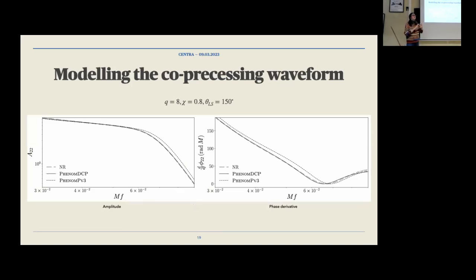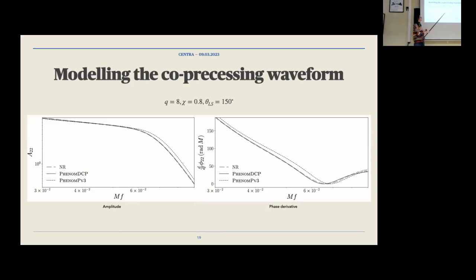This is an example of one of the waveforms that we've modeled, the co-precessing frame waveform, where the amplitude of the dominant multipole has a nice feature, no oscillations induced due to the precession, and the phase derivative is shown here, and this also follows the sort of non-precessing phenomenology.